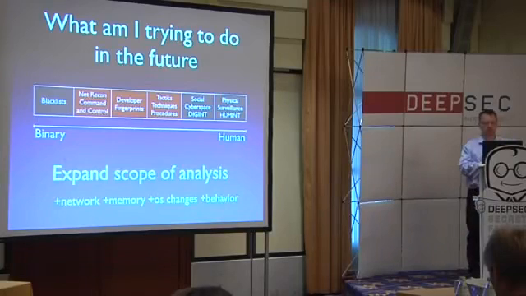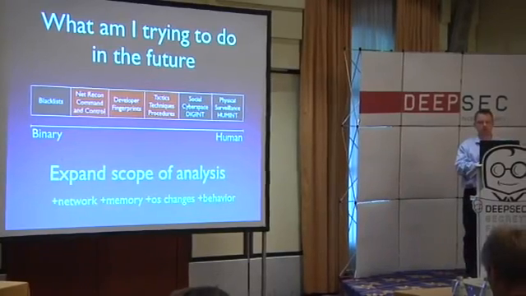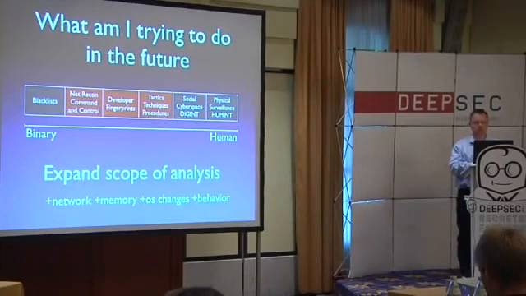I'm also going to look at the memory, the OS changes, and the behavior. What are they trying to do once they get on the machine? How does it keep itself on the machine? How does it do the persistence? Does it do DLL injections into other processes, or just stay in its own process?